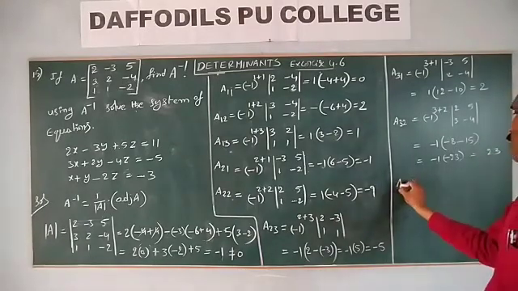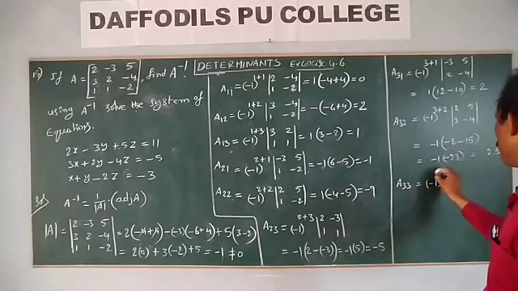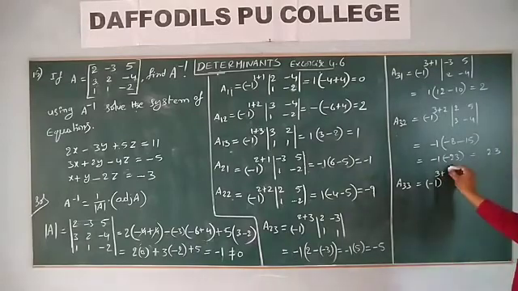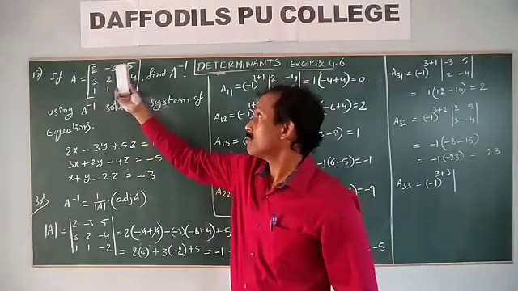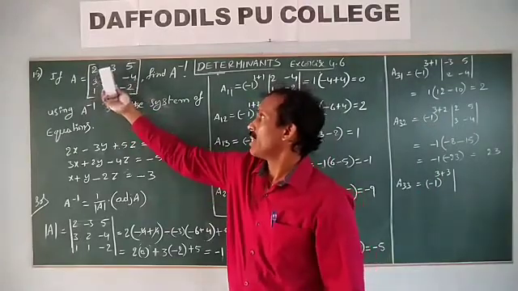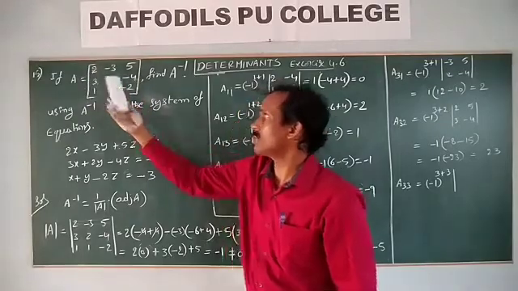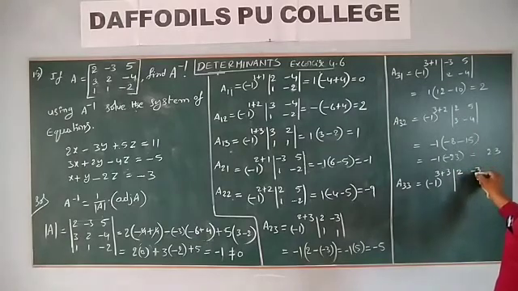Right. A33, last element, minus 1 to the power of 3 plus 3 and its minor. Deleting this row and this column, remaining elements: 2 minus 3, 3, 2.